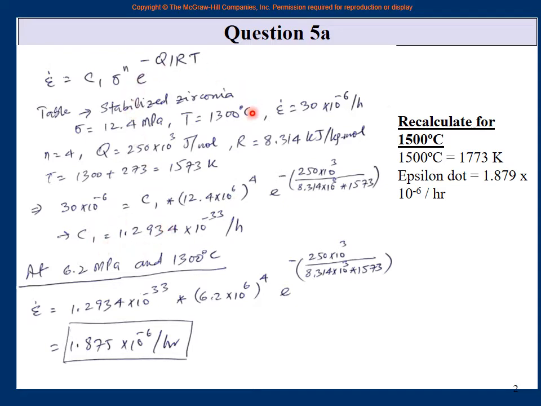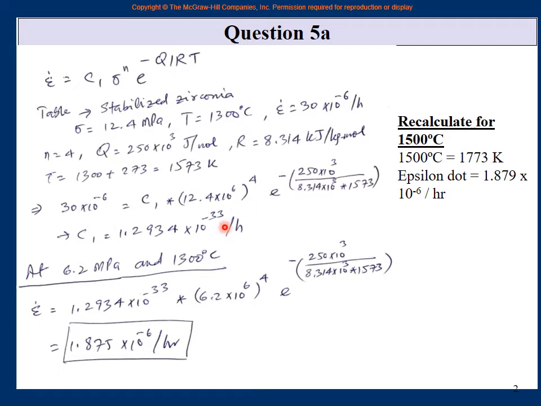If we have done everything correctly, for example, for mega, you have 10 raised to 6, isn't it? And for this value, you have 10 raised to minus 6, and so on. And the temperature is in Kelvin. So if everything is in kilogram, meter, Kelvin and so on, then this is it, okay?